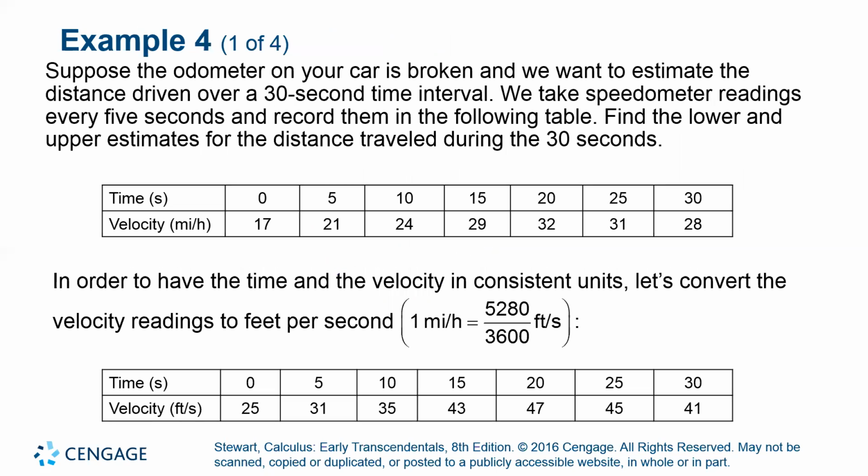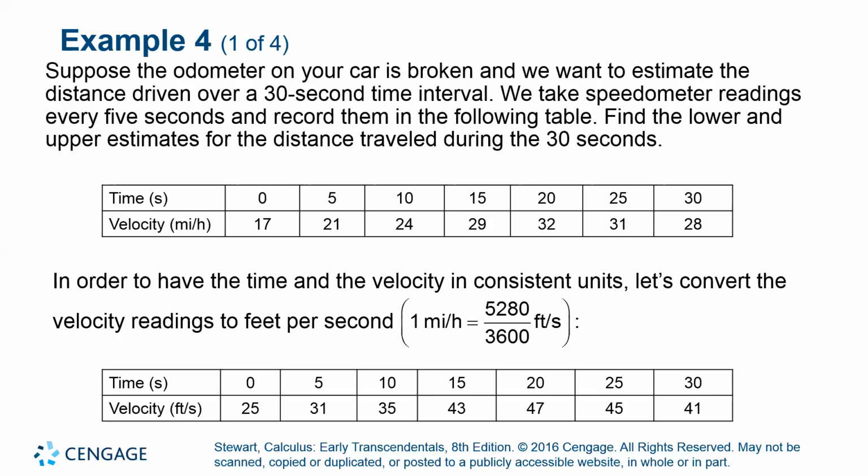All right, so now let's consider one example. Suppose that the odometer on your car is broken and you want to estimate the distance driven over a 30 second time interval. So you take speedometer readings every 5 seconds and record them in the following table.